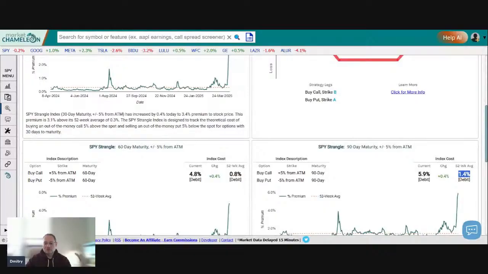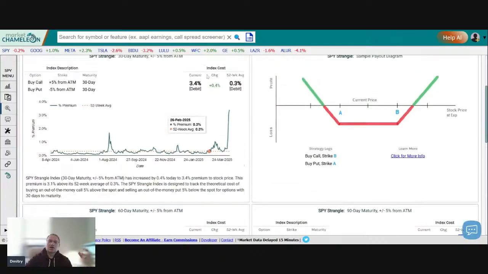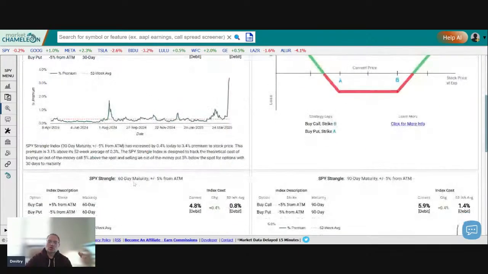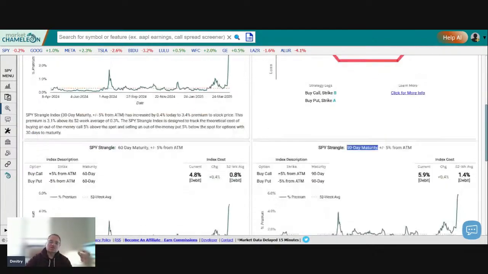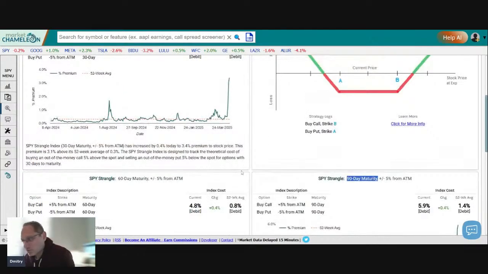So now we could kind of imagine, now we have a few relative values, right? We have a relative value based on its history. We have a relative value based on different days to maturity, right? And we have a relative value based on the differences between the days to maturity in a historical perspective.